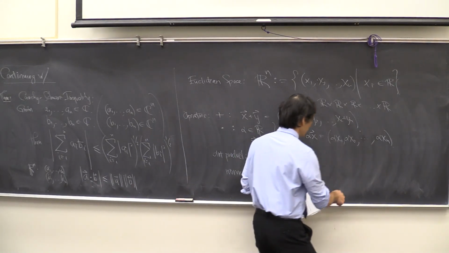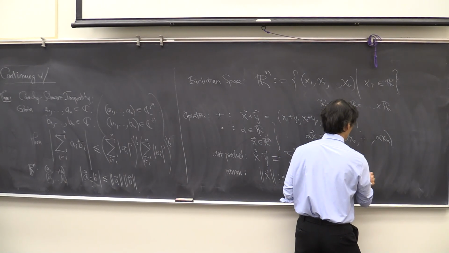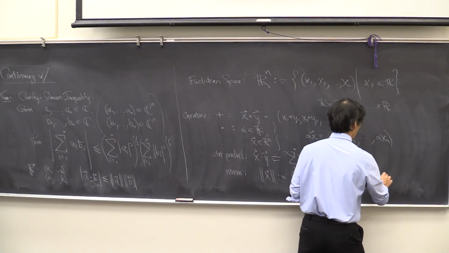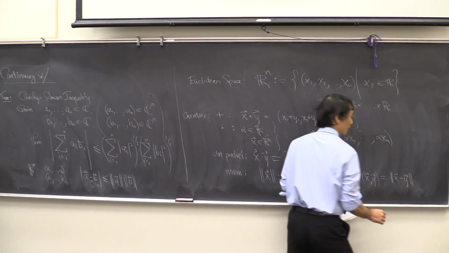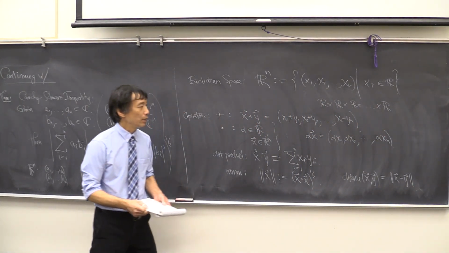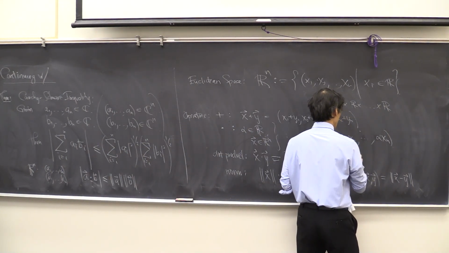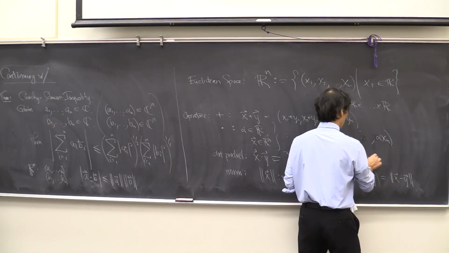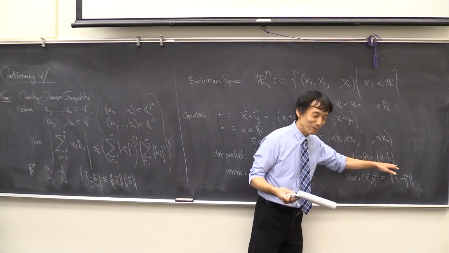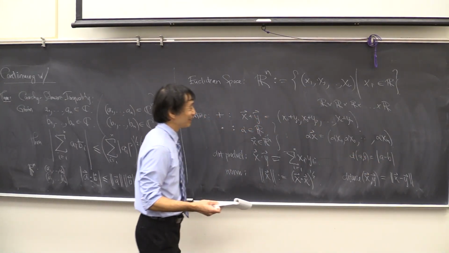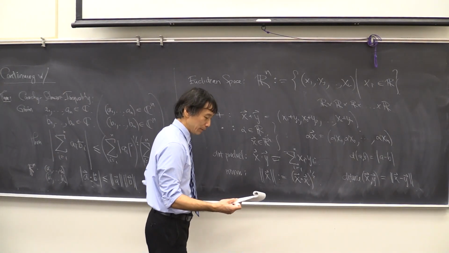The notion of size leads to a definition of distance: the distance between x and y is the magnitude of the difference, just like on the line, where the distance between two points a and b is the absolute value of the difference. It's just an extension of that.